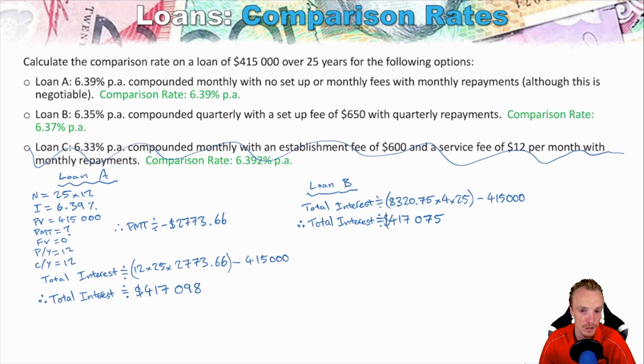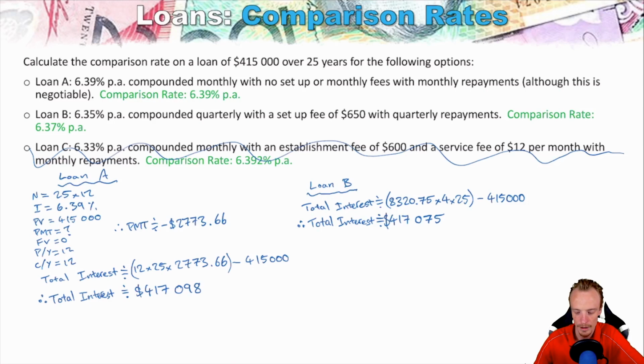I would probably choose loan A. Yes, technically loan A is going to cost me an extra $23 of interest over 25 years. The difference is negligible, it's much more negotiable, and I can use interest saving strategies with loan A that I probably couldn't use with loan B, which means I could probably make up for that interest well and truly with that loan A choice. So at this point, you would conclude that loan A is the better choice of these options.